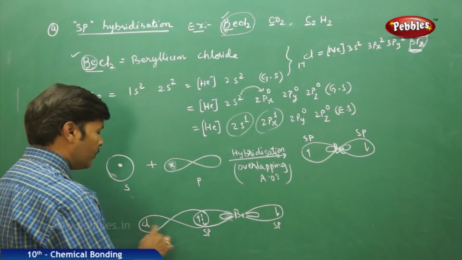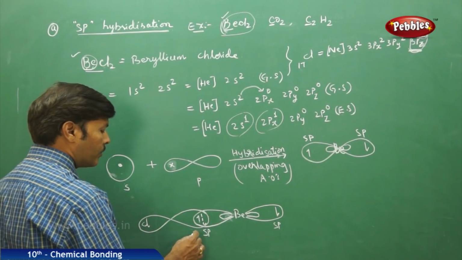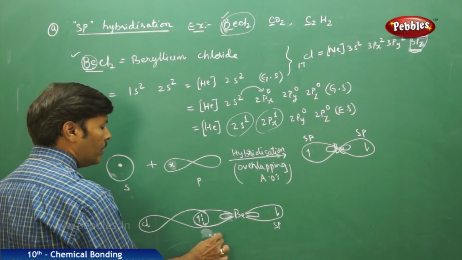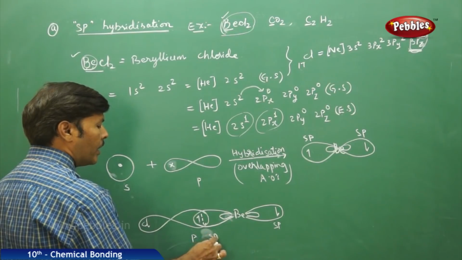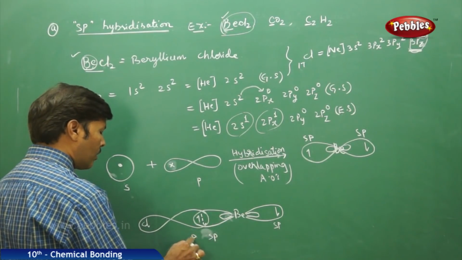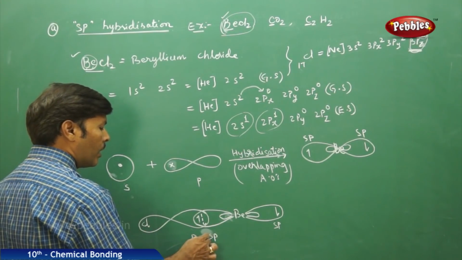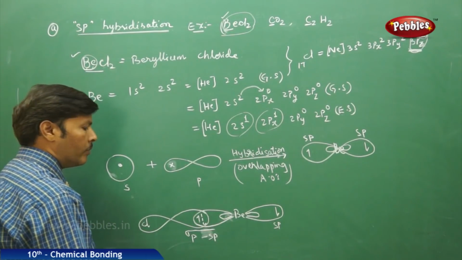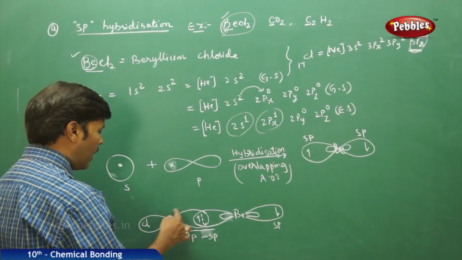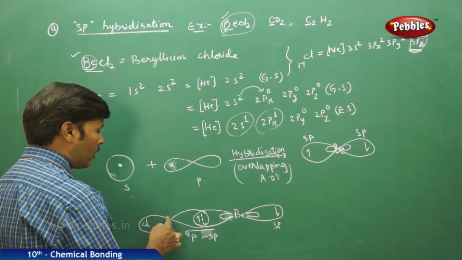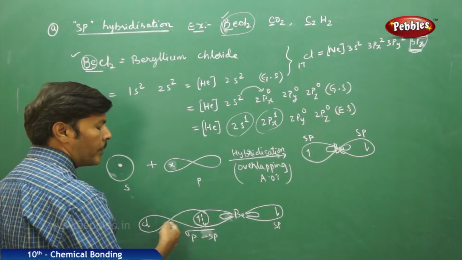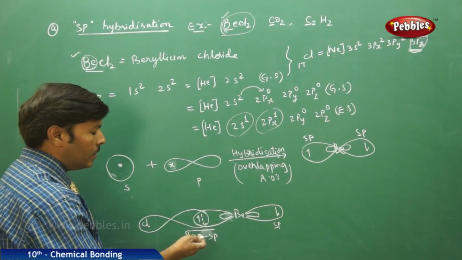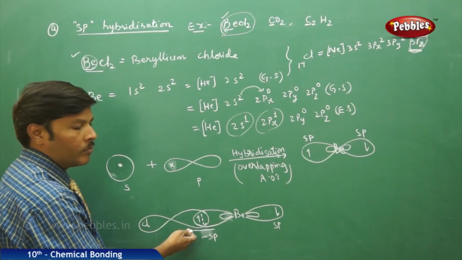Because it is a p orbital, I am noting it here as p atomic orbital, that is, sp hybrid orbital of beryllium and p atomic orbital of chlorine. The overlapping takes place and that results in the formation of a sigma bond, because the sp hybrid orbital and the dumbbell shaped pure atomic orbital of chlorine both overlap along the internuclear axis. When they overlap along the internuclear axis, the cloud which is formed is called sigma cloud.